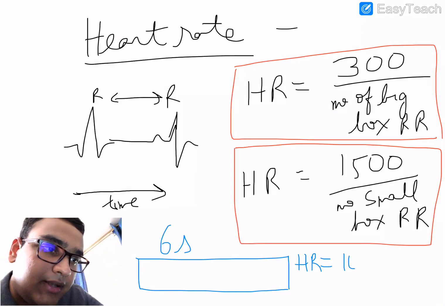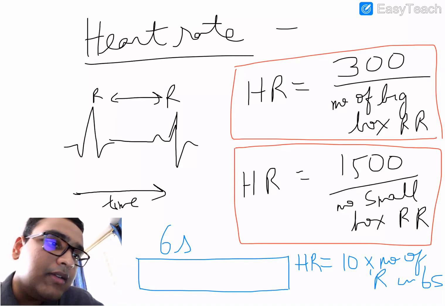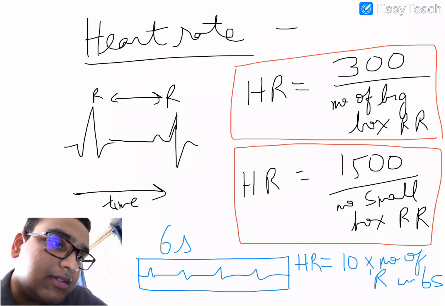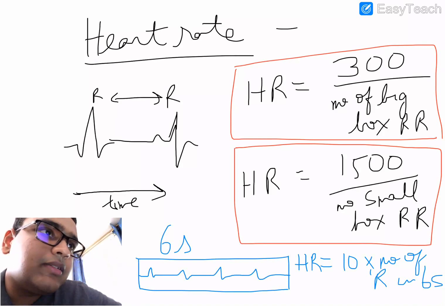So heart rate would be 10 times the number of R waves in 6 seconds. For example, here there are 4 R waves in a 6-second strip, so 4 into 10, 40, so 40 would be your heart rate. So this is how you calculate heart rate.